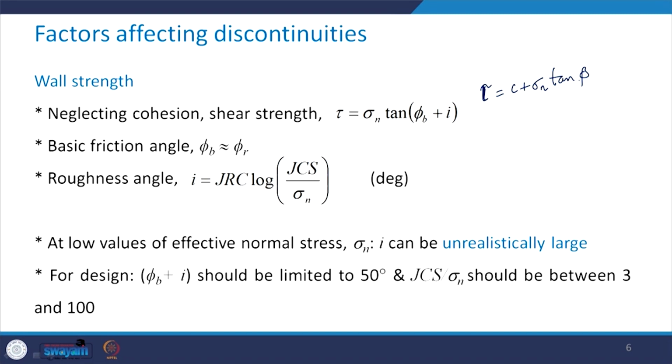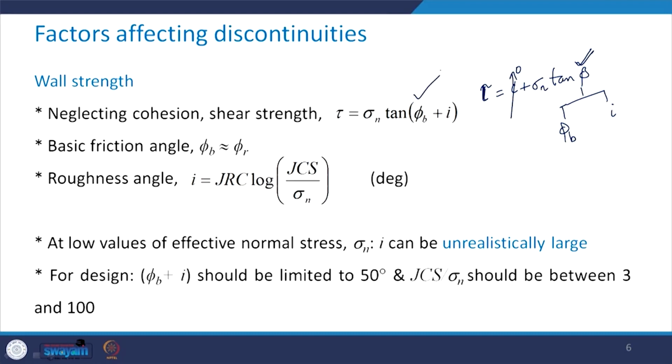Now, if you neglect the cohesion, this term will become equal to 0, and since this characteristic has two parts, one is phi b and the other is i, both contribute towards the shear strength. So, we have this expression.